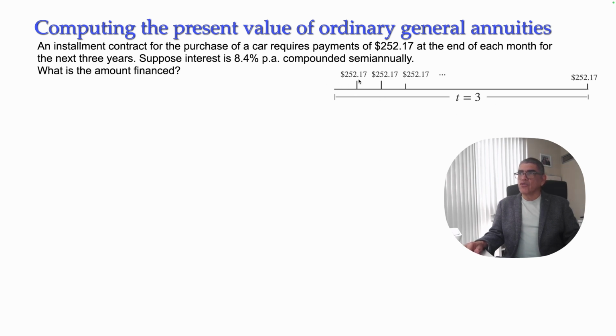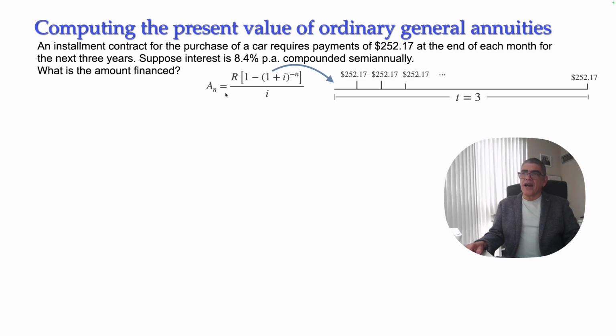So this is actually the present value. Anytime that we have a loan, a mortgage, or something that we owe from the beginning and we are repaying with periodic payments, we need to compute the present value. So this amount owed at the beginning is always the present value.